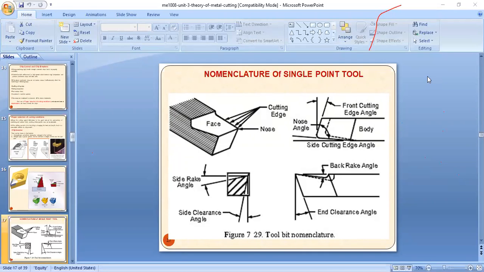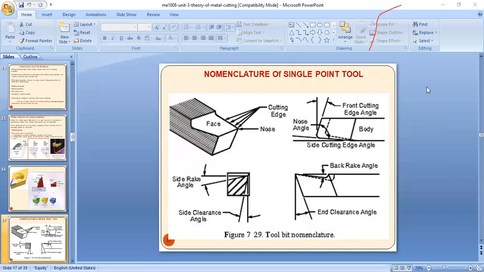It also reduces the chip pressure on the tool face, and it also reduces the cutting forces. That is the significance of the rake angle, whether it is the back rake or the side rake. So all that you have to understand.